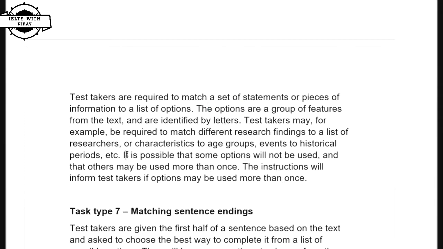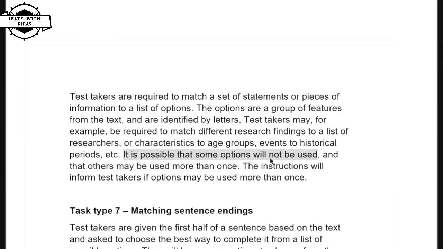You will not utilize each and every given option. So if you are not using one, don't think you are writing a wrong answer. And other options may be used more than once. But if you feel you are using one option more than one time, read the instruction. Instruction will inform test takers if options may be used more than once.